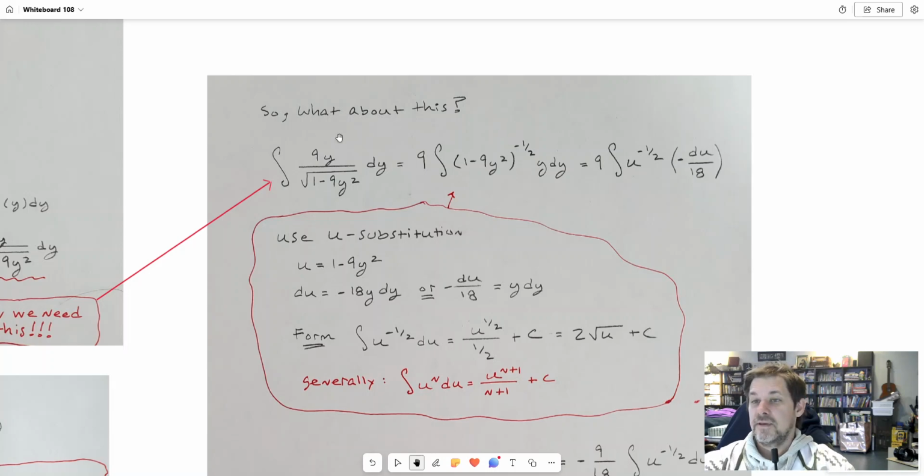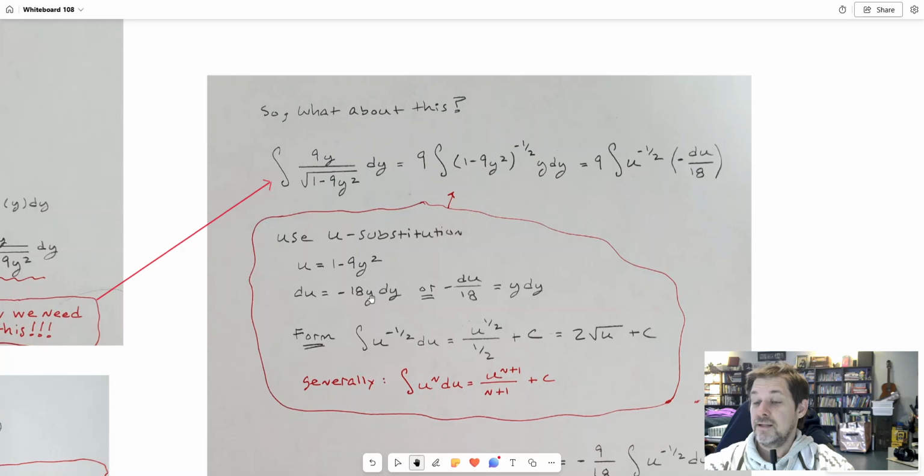So to solve this by u-substitution, the substitution goes like this. u would be 1 minus 9y squared. As a consequence, du is the derivative of that, negative 18y dy. But I have to make this such that it can be substituted up there. I don't see a negative 18y up there. I see y times dy, but I don't see negative 18y times dy.